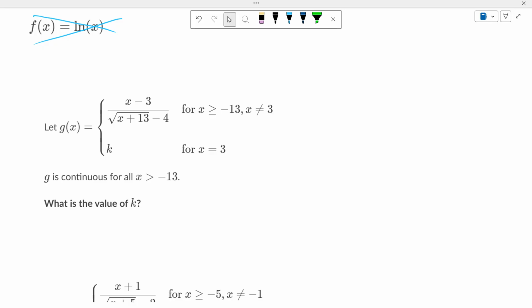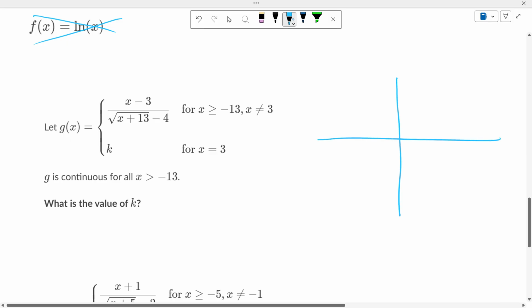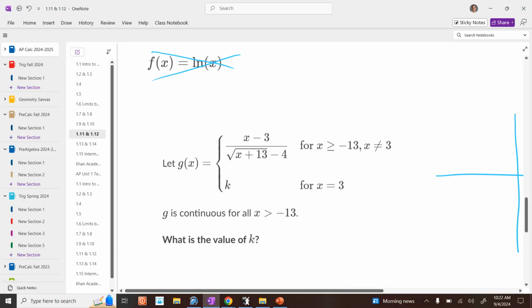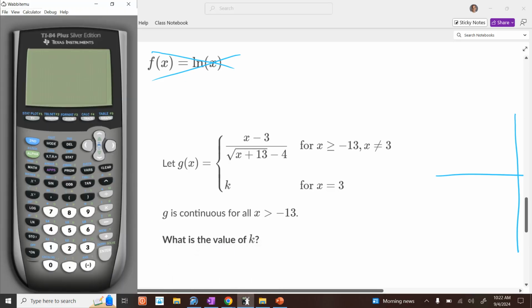Well, if I was a thinking man, I would graph this out. It's kind of hard, but it's easier on a graphing calculator. So let's see if we can find a hole on the graphing calculator.